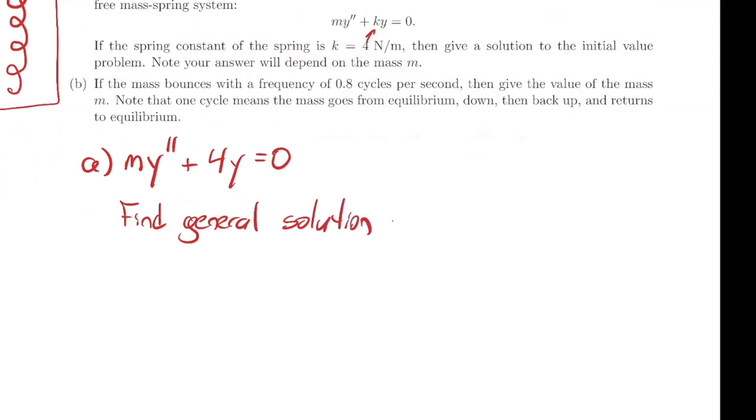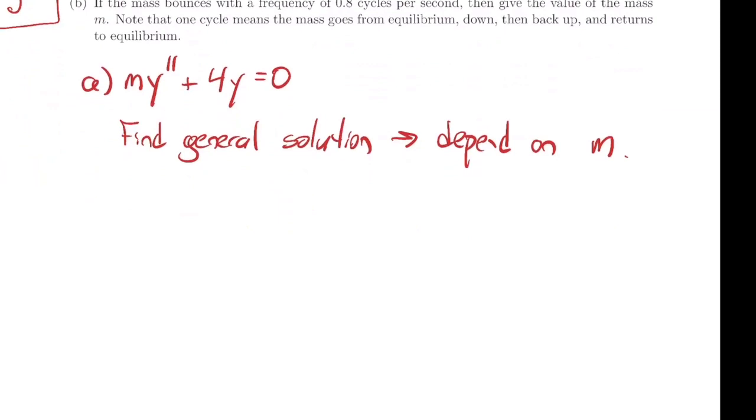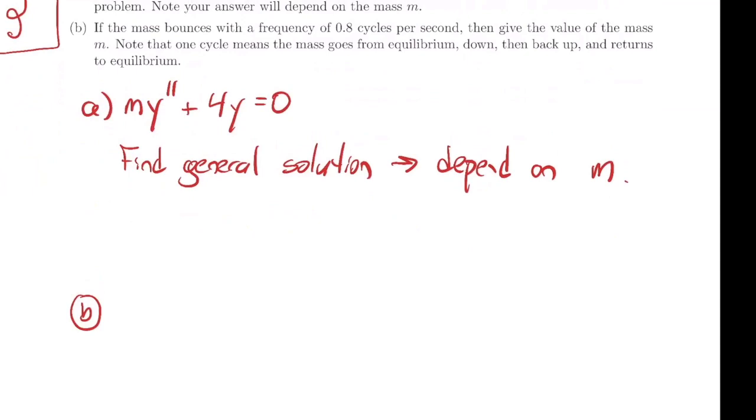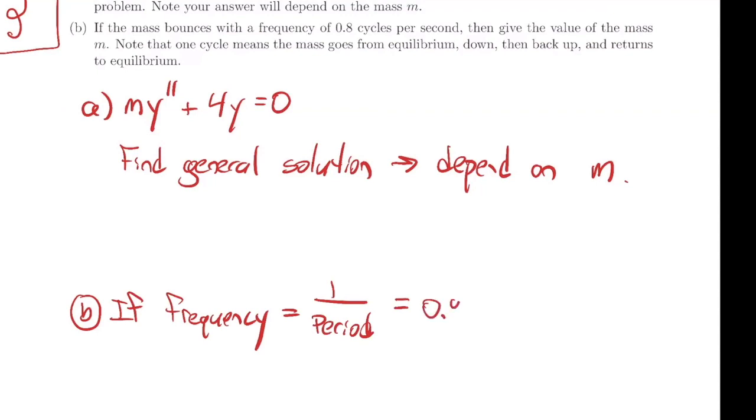We want to find the general solution, and this will depend on the mass M. And then in part B, we're told that the frequency, which recall is equal to 1 over the period, is equal to 0.8 cycles per second.